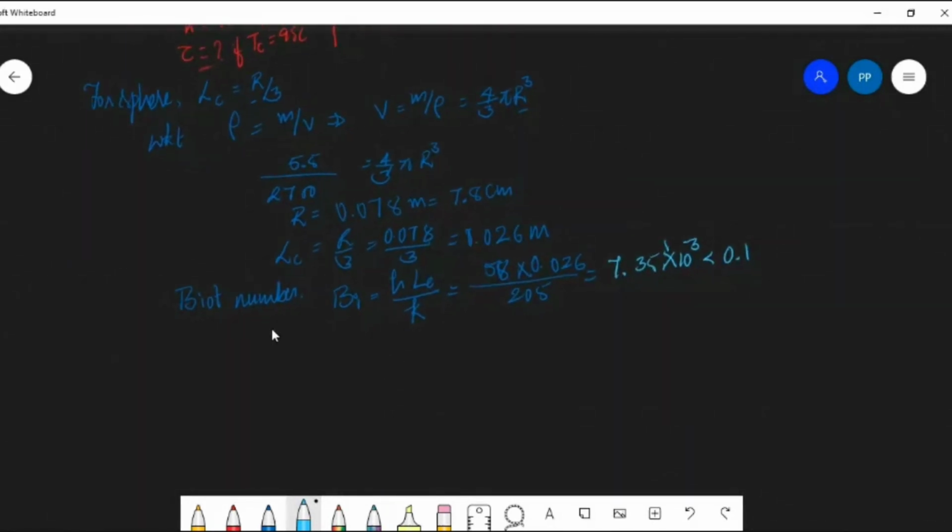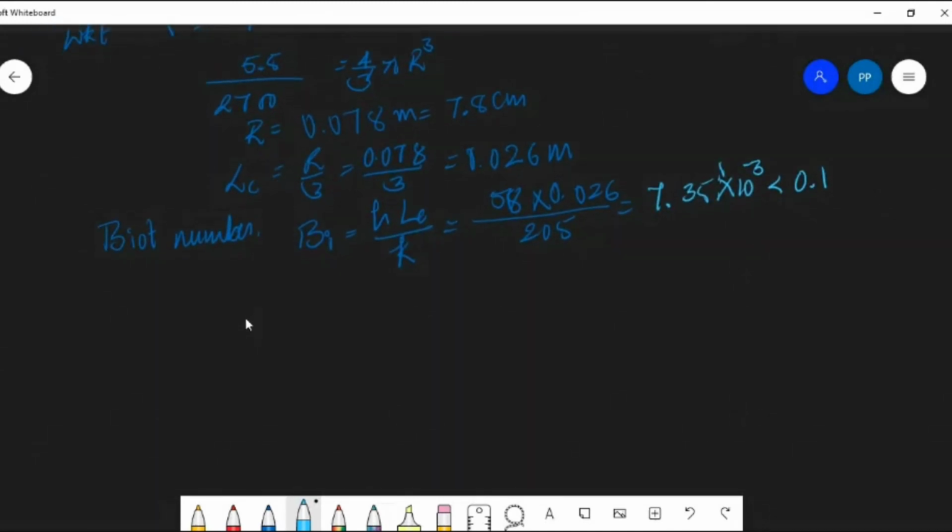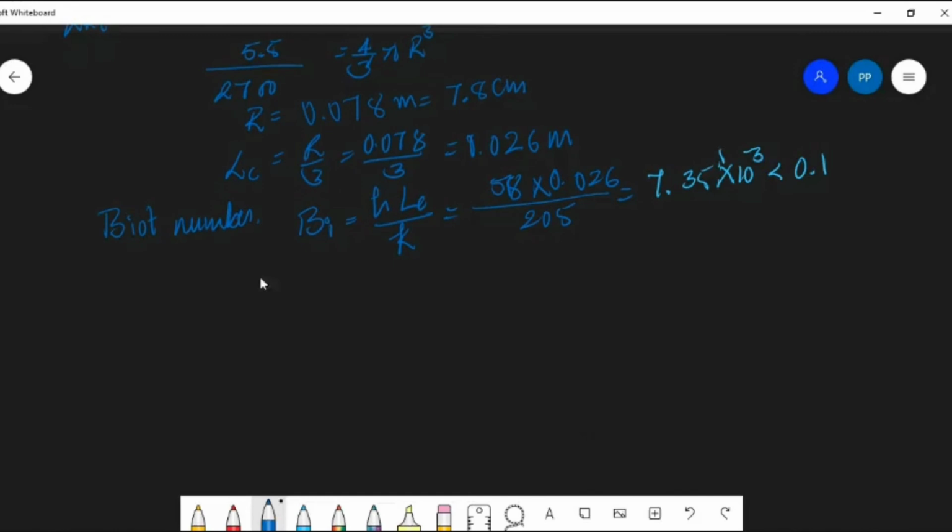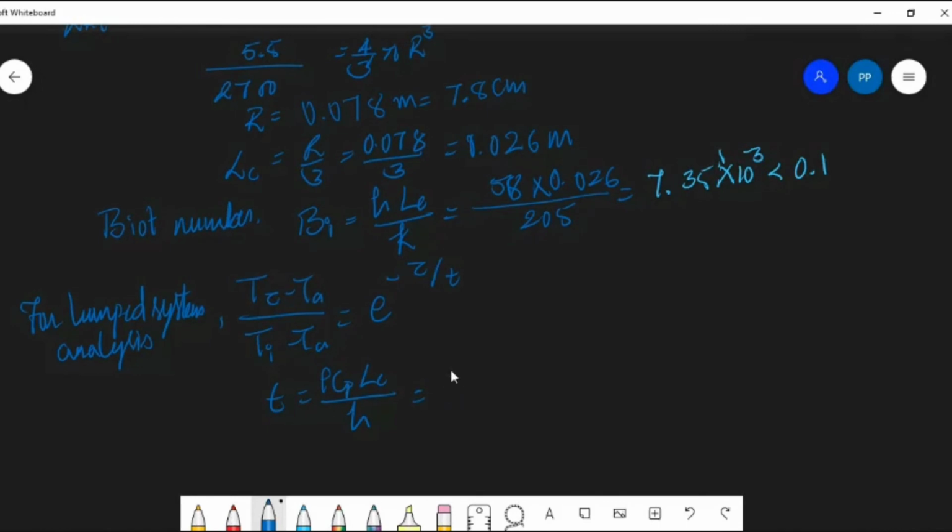So now let us go with the lumped system analysis. For a lumped system analysis, we know that T tau minus Ta divided by Ti minus Ta will be equal to e to the power of minus tau divided by T. Let us calculate the value of T, the thermal time constant.